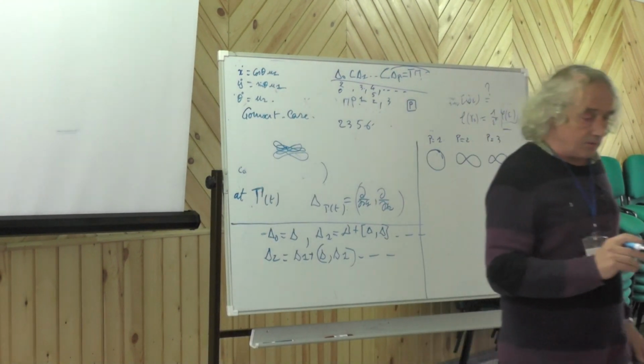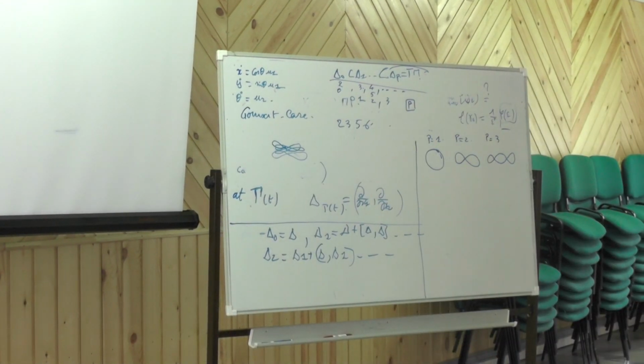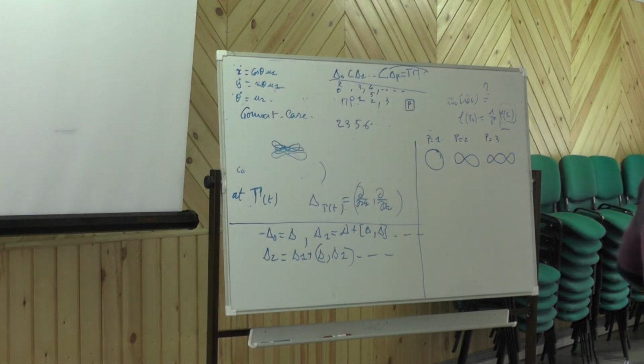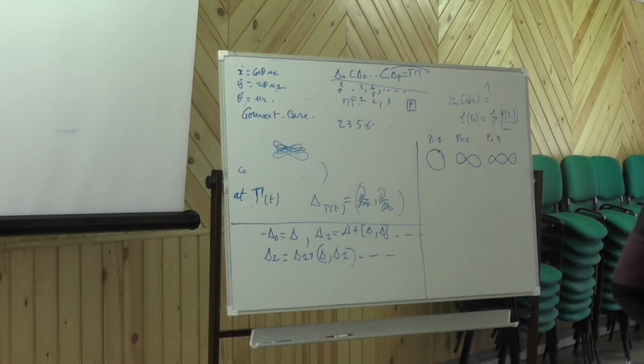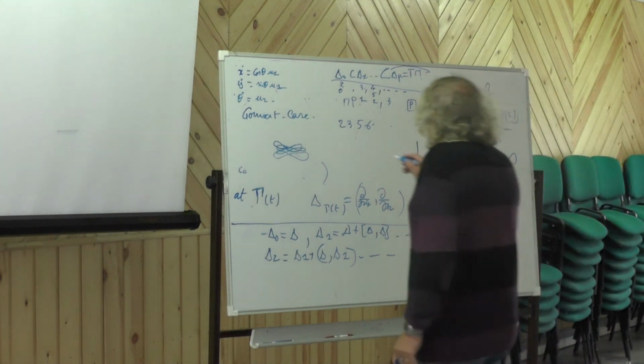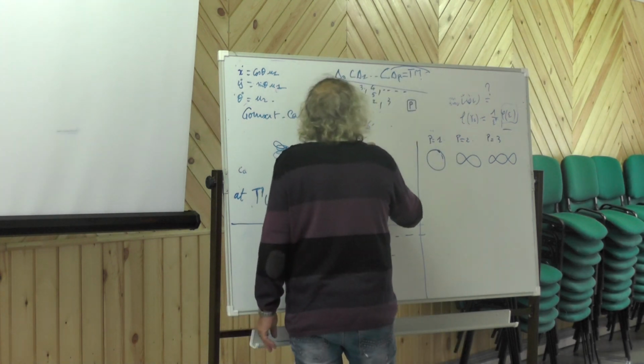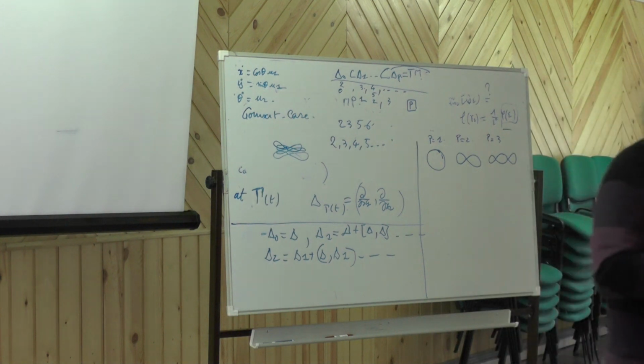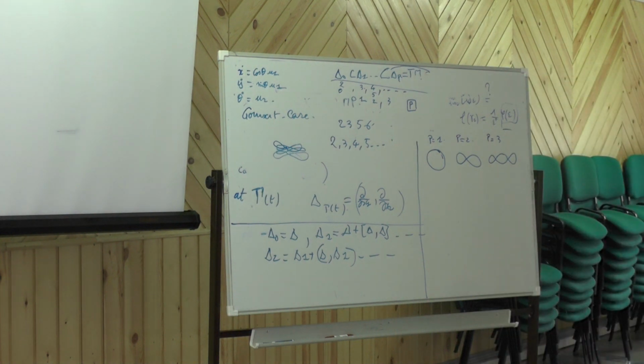A Goursat distribution is a distribution such that the flag increases by 1, always increases by 1. Then it is 2, 3, 4, 5, etc. Then the conjecture holds true for Goursat distributions. This is my very recent result.